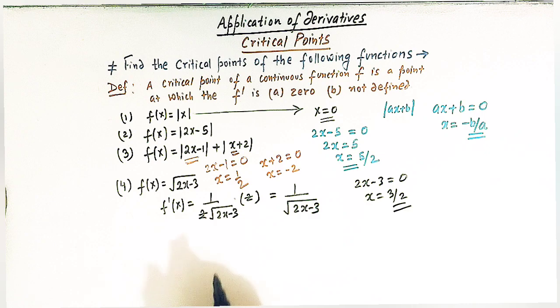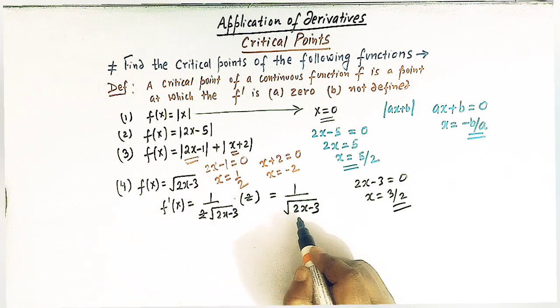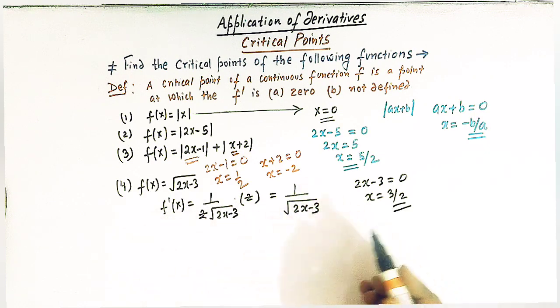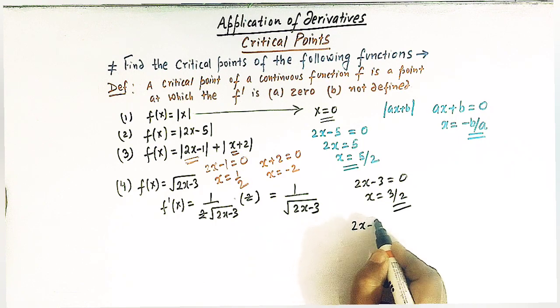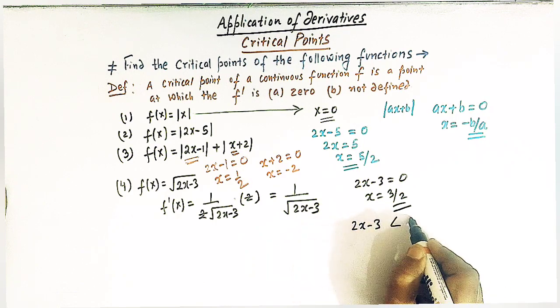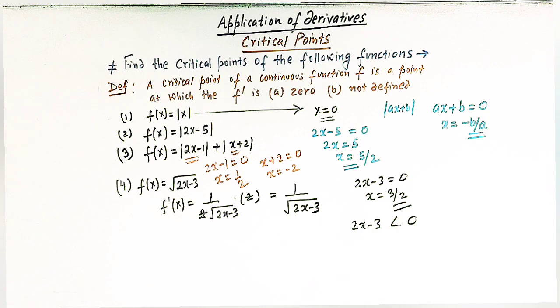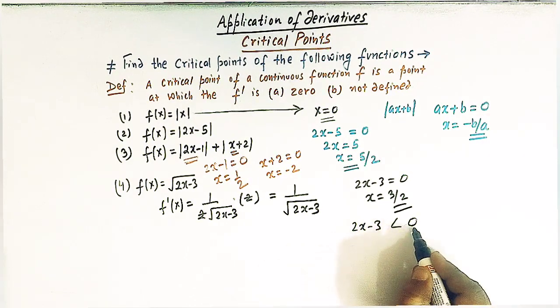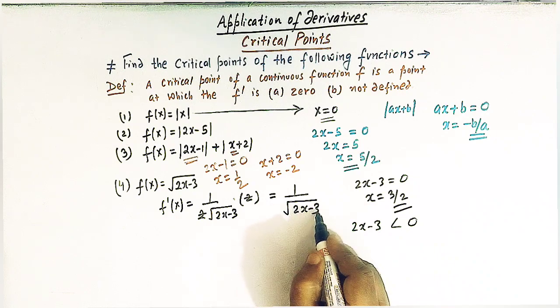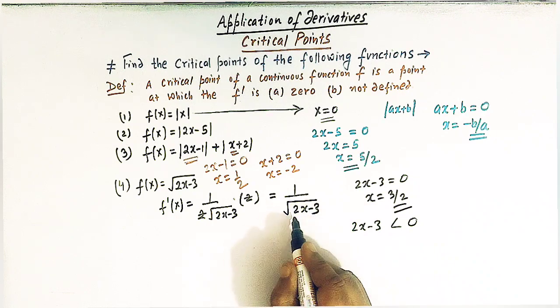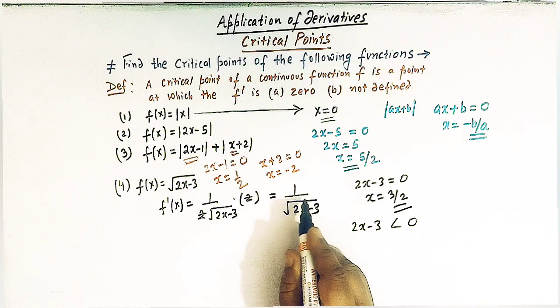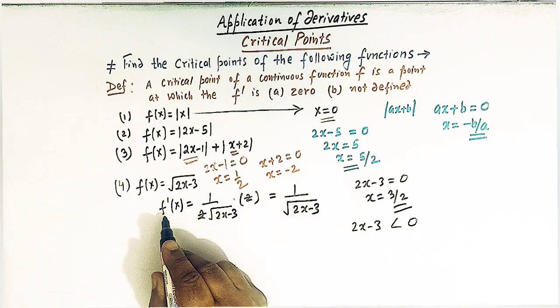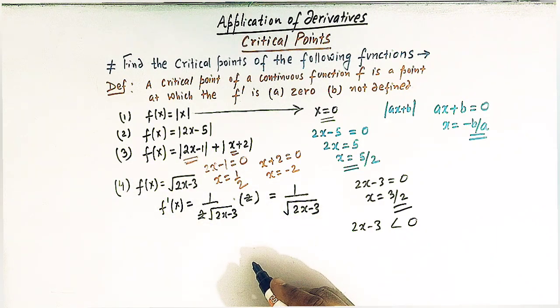And moreover, this derivative also doesn't exist when 2x minus 3 is less than 0. So when 2x minus 3 is less than 0, then we have a negative number inside the square root sign, and we do not have the derivative in the set of real numbers, right?